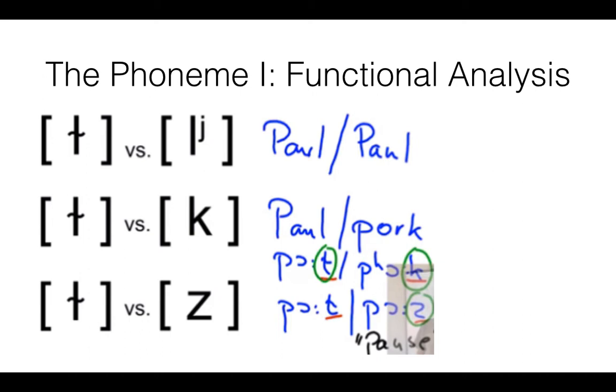If you have two words, Paul, Paul, it's the same sound. There is no difference in meaning, so these are just different manifestations, different pronunciations of the same sound. Okay? But if there is a difference in meaning, okay, we have different phonemes.